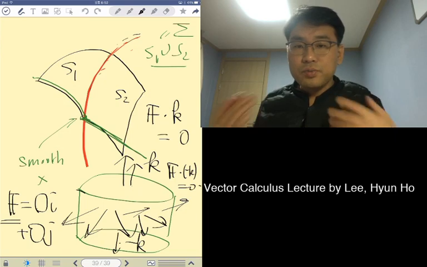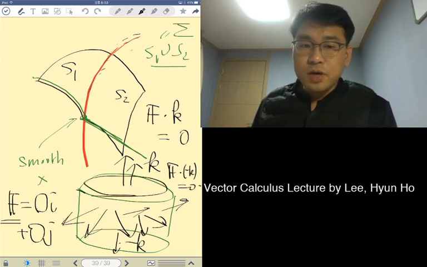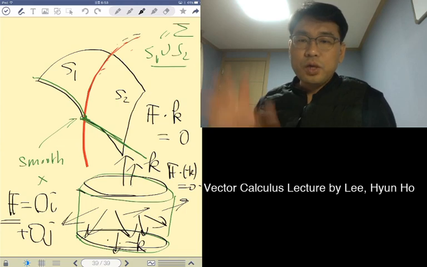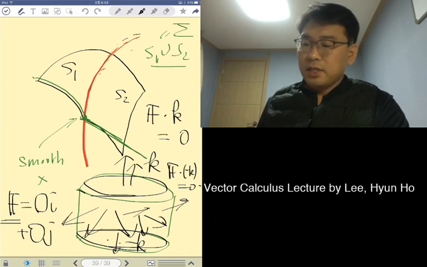So when you compute the total flux in this case, the contribution from top and the contribution from bottom is 0. Okay? So we only compute this total flux, that surface integral over f, on the lateral side.